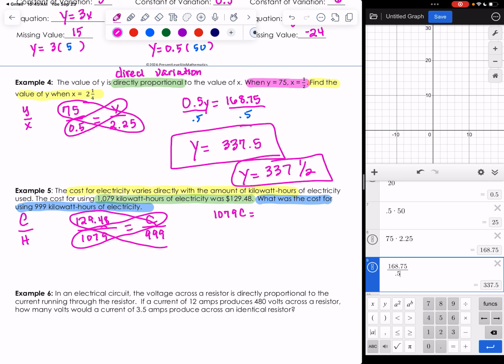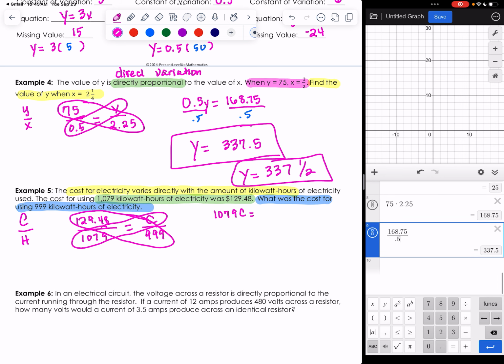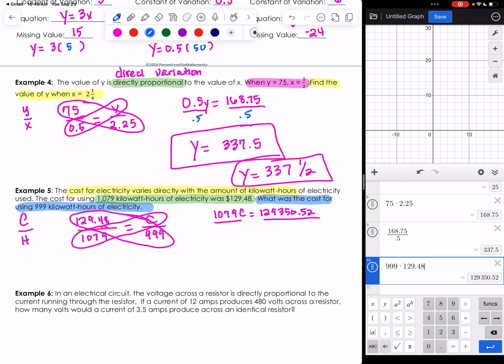And then here we'll multiply 999 times 129.48. So 129,350.52.